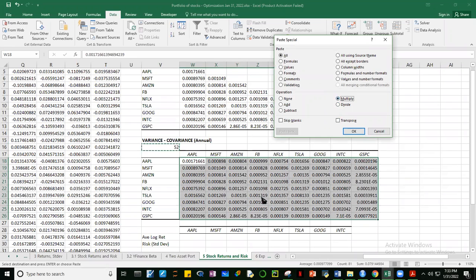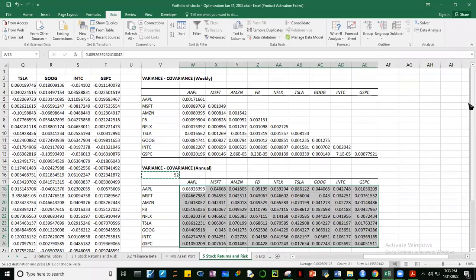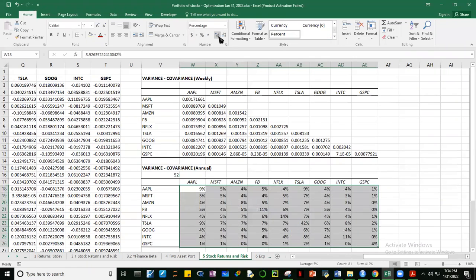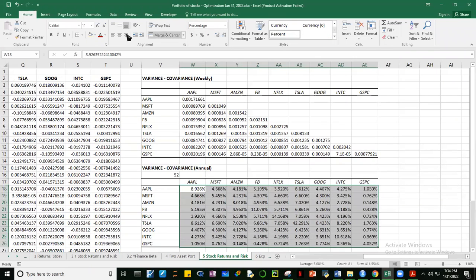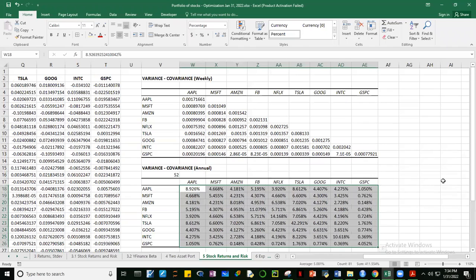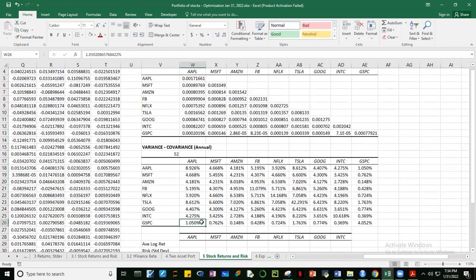Multiply the 52 to all the items here. There you go. Then let's format as percent, with just 3 decimal places. There, guys. That's now our variance covariance.